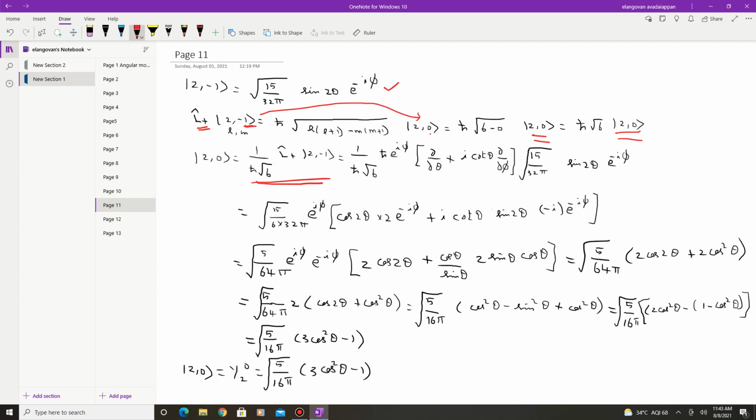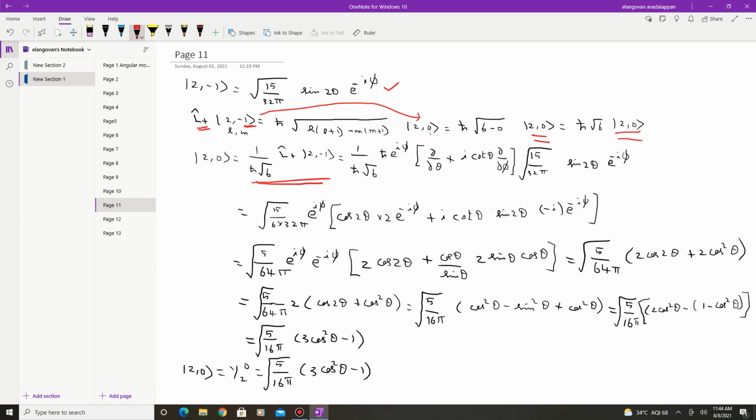The starting point is you choose first the lowest one and apply the rising operator. Once you apply the rising operator, the state is raised by one. So the state one higher than the previous one can be obtained. So 1 by h cross square root of 6 is L plus operating on ket 2 comma minus 1.